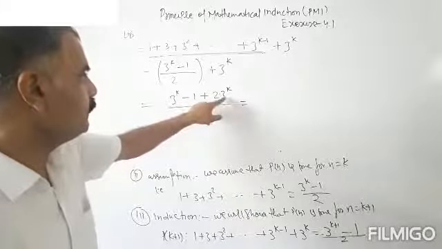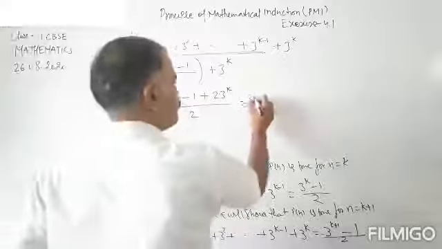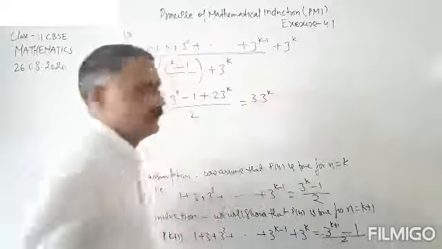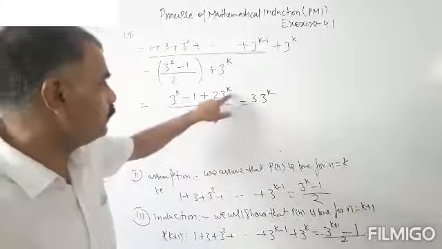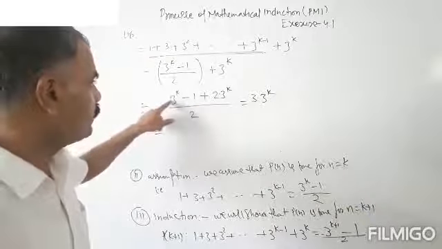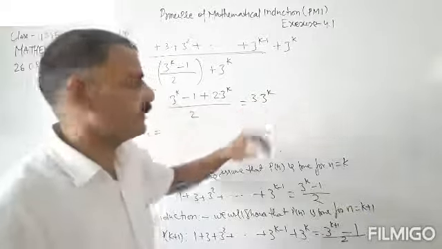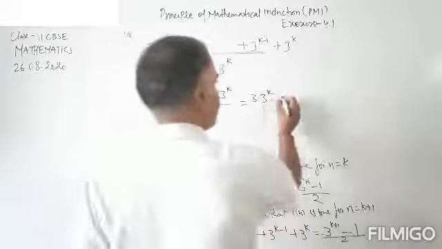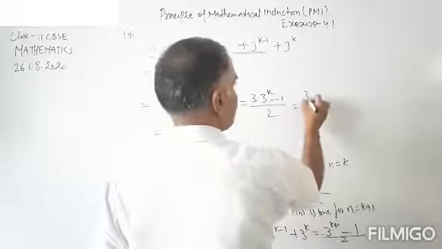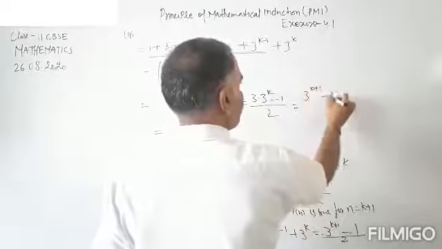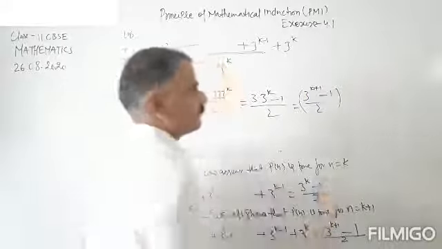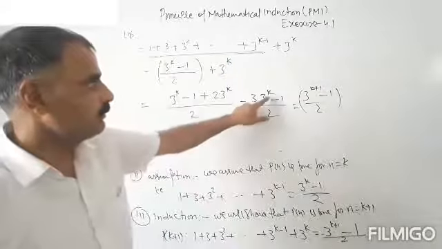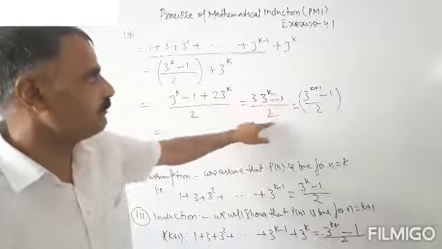2 into 3 to the power k and 1 into 3 to the power k equals 3 into 3 to the power k, so this is 3 to the power k plus 1 minus 1 upon 2.